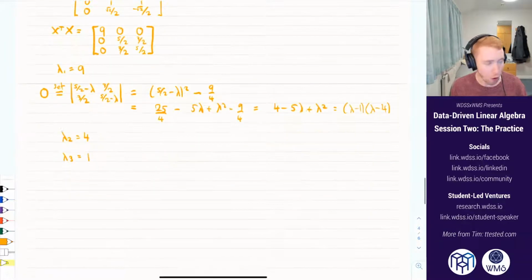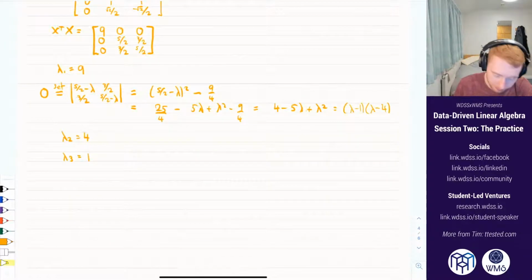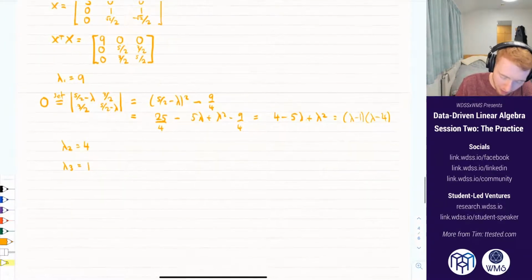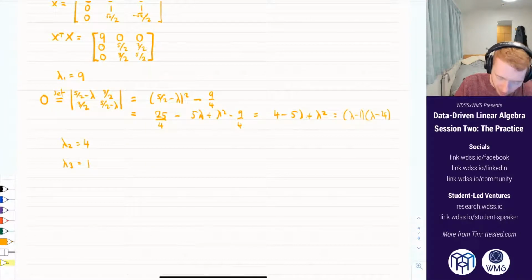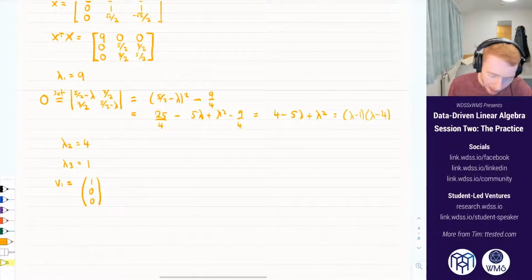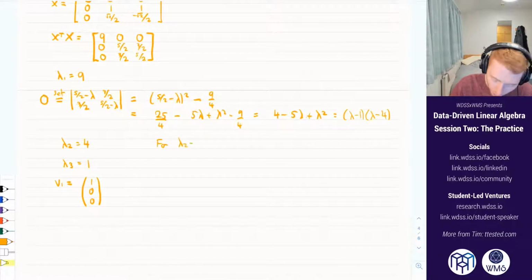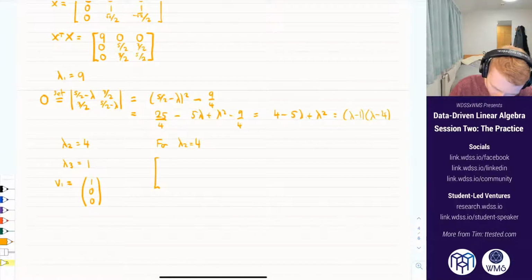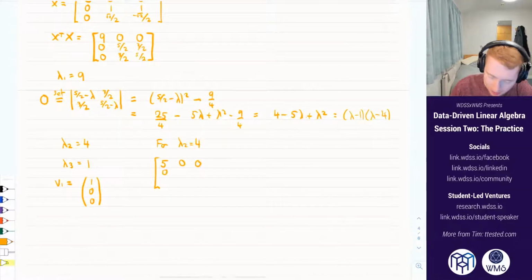So now we have to find the corresponding eigenvectors for those. Again, just by inspection, I can see that the eigenvector for lambda 1 is just going to be 1, 0, 0. And then for lambda 2, which is 4, we're going to look at the matrix, which is going to be 5, 0, 0. So we're going to take 4 off all of the diagonals.